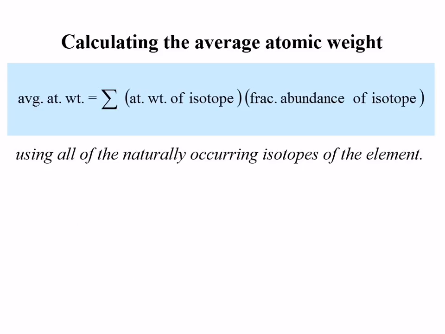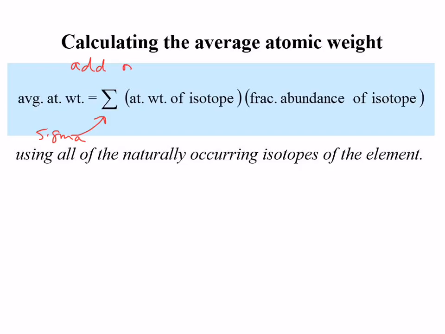So, how do we calculate those decimal numbers, those average atomic weights? We use a mathematical process, and to show that process we're bringing in a Greek letter. This thing that looks like an E is a capital sigma. In math, that means to add, or summation.